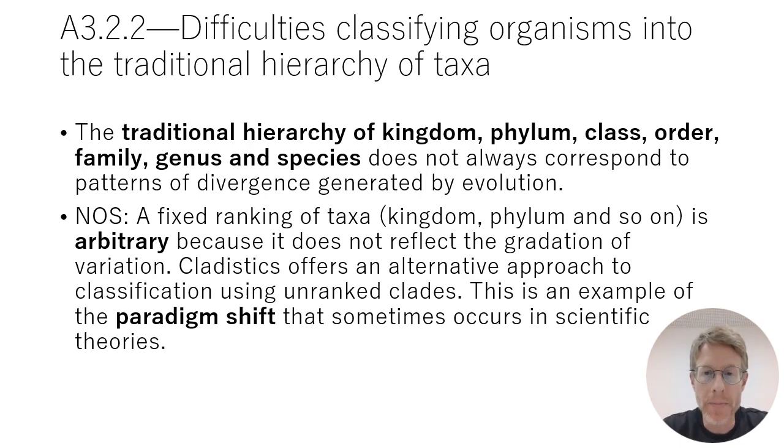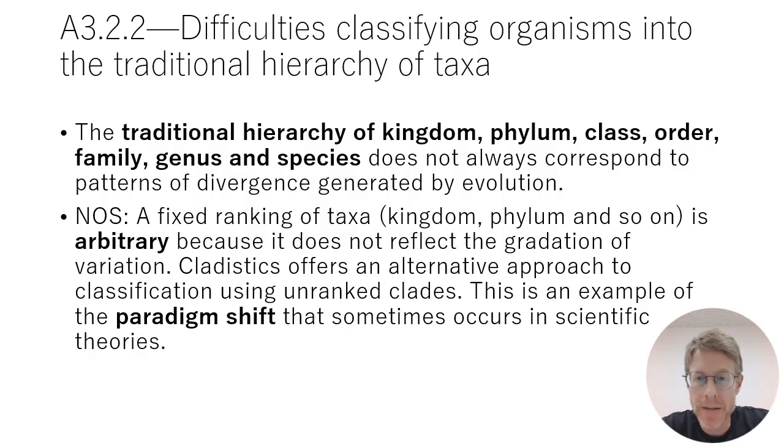Okay, so the traditional way of classifying was by using a hierarchy, starting with the kingdom and going all the way down to a species. And it was a really useful way of organizing all of the diversity of life on Earth. And to be honest, we still use it because we're used to it and we understand it.